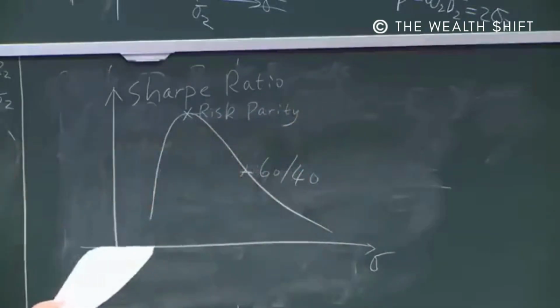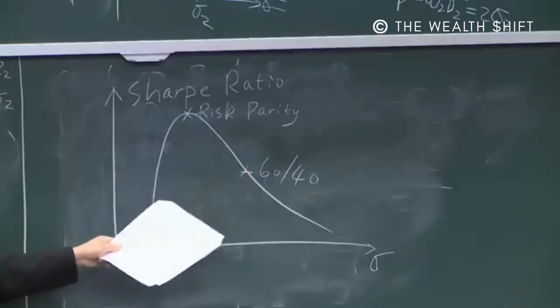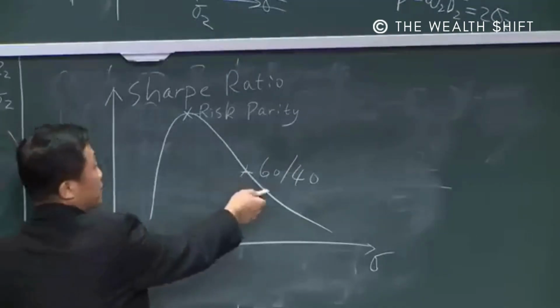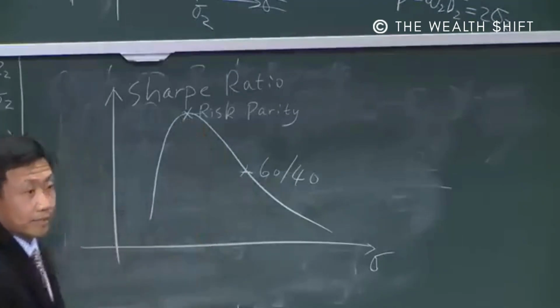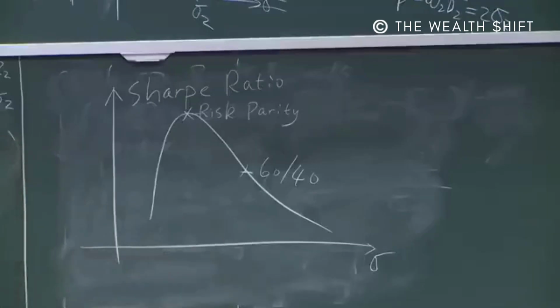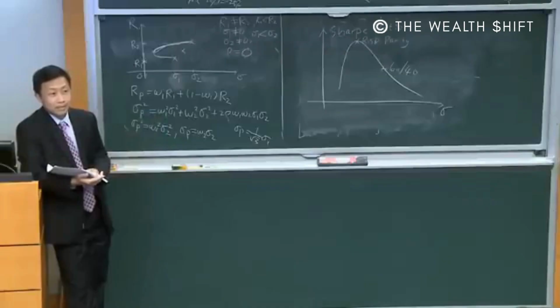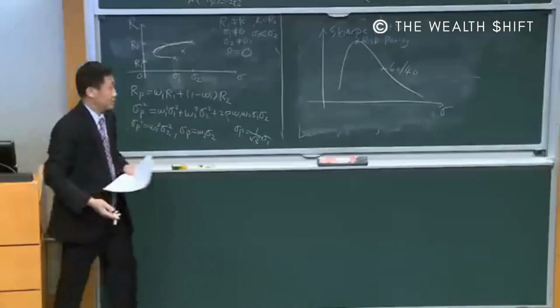You essentially maximized the Sharpe ratio, or risk-adjusted return, by achieving the risk parity portfolio. So 60-40 is here. You actually maximize that. Does leverage matter? When you leverage up, does the Sharpe ratio change or not? Split in half. So you got twice the variance.